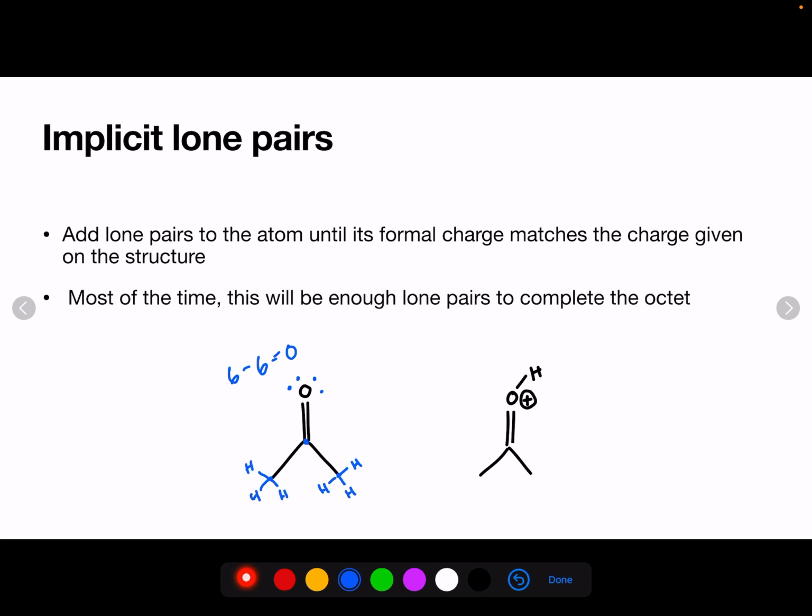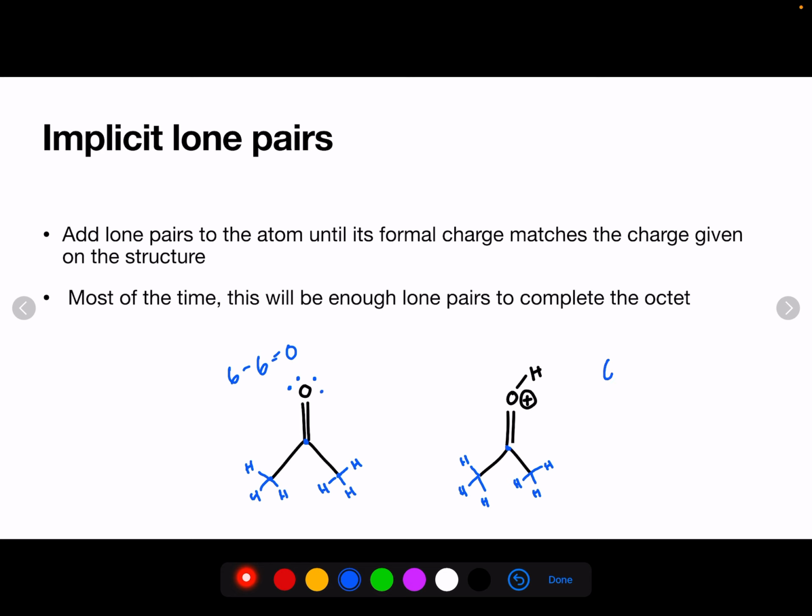Now, the same thing goes for the molecule on the right, at least with the implicit hydrogens. So I'm just going to go ahead and draw those in real quick. Now, for the oxygen on the top, we want a formal charge of positive 1.